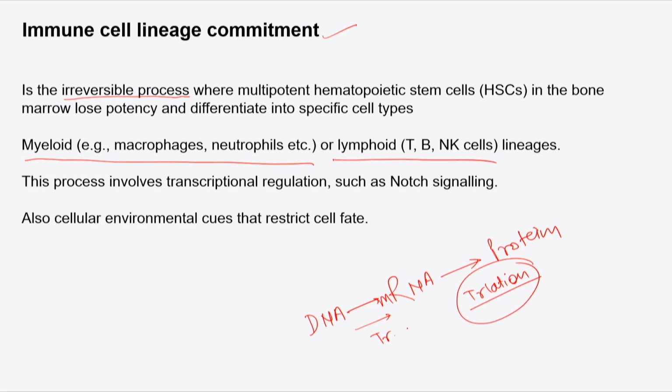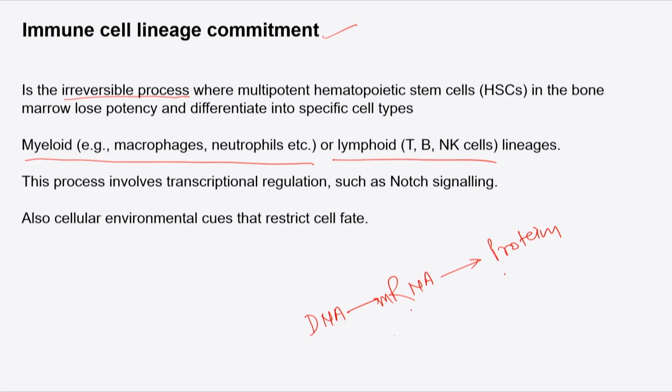The transcription and translation phenomena are controlling these two. So DNA to RNA conversion we call transcription, and the mRNA to protein conversion we call translation.